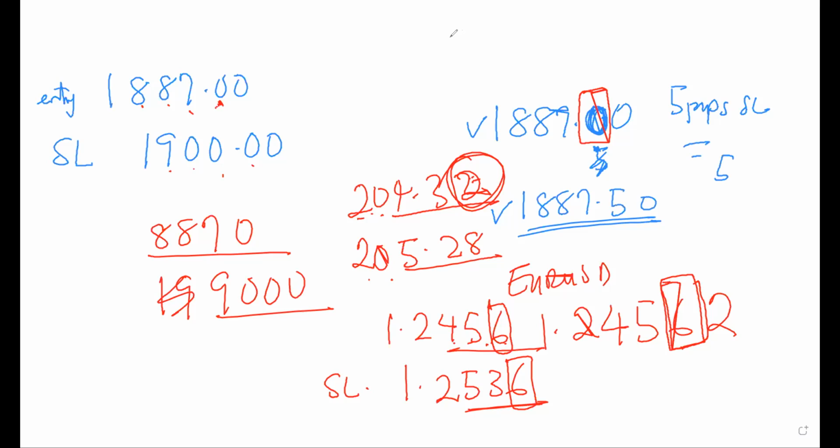Is that clear? So I'm going to repeat myself. For forex, normal Euro USD and company, generally the fourth digit after the decimal is the most important. For JPY pairs, it is the second after the decimal. For gold, it is the first after the decimal that is most important.